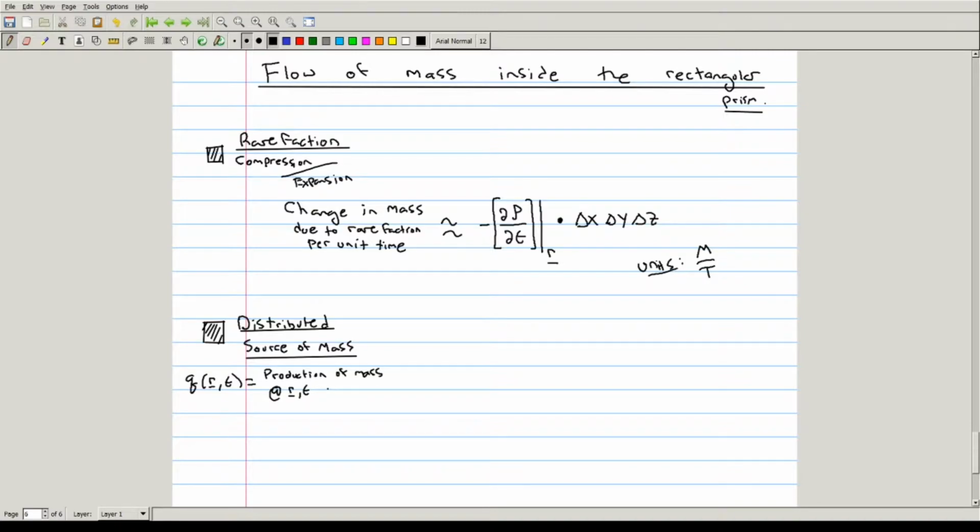And this is measured per unit volume per unit time.